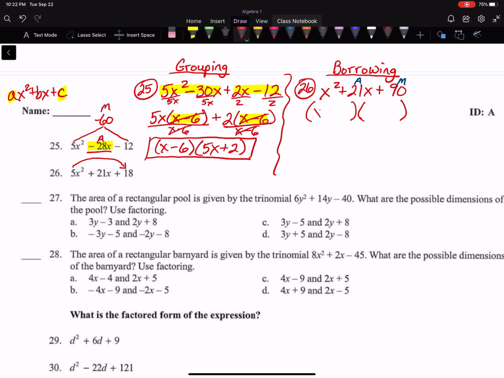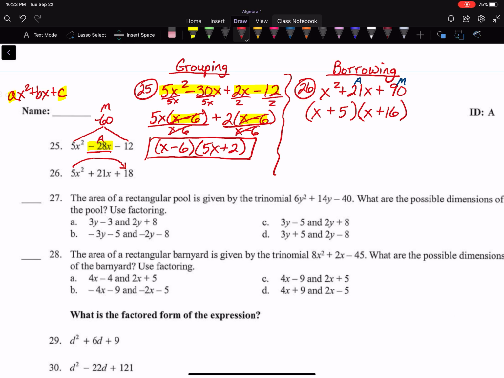So two numbers that multiply to be 90 and add up to 21. That would be 5 and 16. 5 times 16 is 90. 5 plus 16 is 21. Okay? Let me just make sure of that real quick.